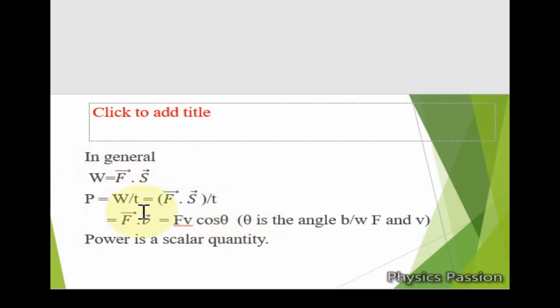It means power is nothing but the dot product of force and velocity, which is further equal to Fv cos theta, where this theta is the angle between the force and velocity. So from here we are getting power as the dot product of force and velocity. So we can say power is a scalar quantity. It has got units only, not direction.